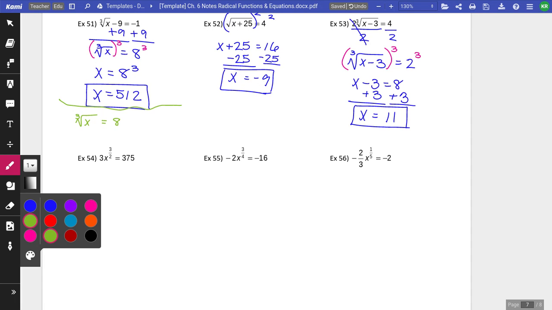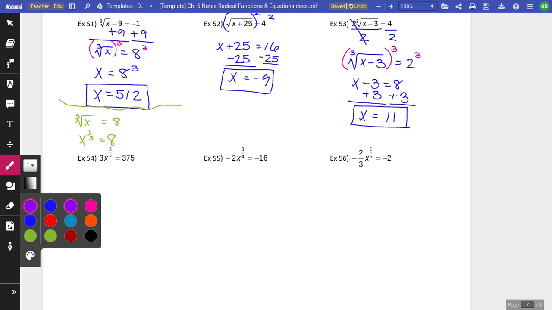All right, so we took both sides to an exponent of 3 to get rid of that cube root. If you remember back to rational exponents, your cube root could be written as a 1/3 power. So the cube root of x and x to the 1/3 power, those are the same thing.